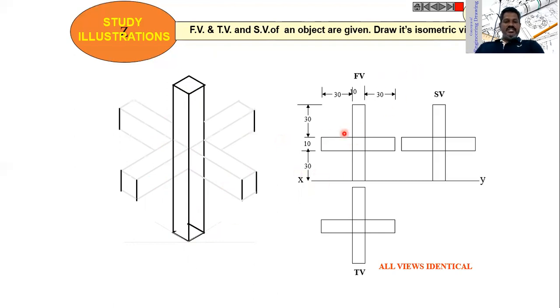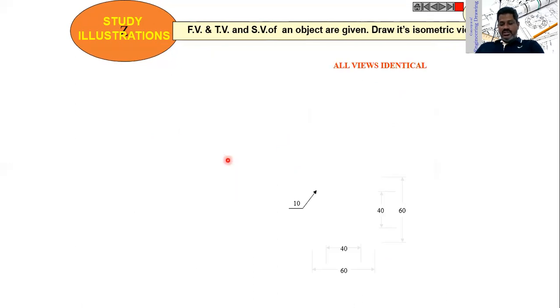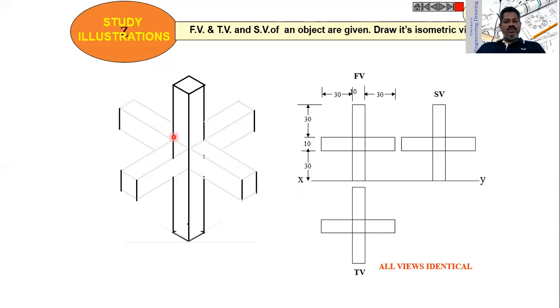So with the given dimensions, construct or project the square bar like this. Then as you can see, draw all the lines like this. Okay, so this is the figure, and then darken all these lines like this, and we will get the shape.